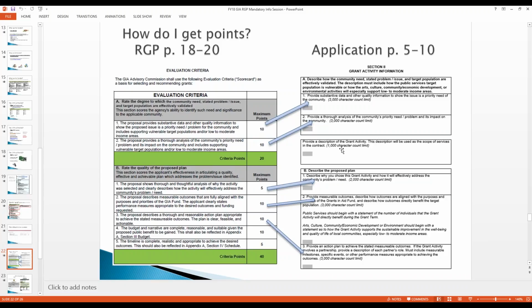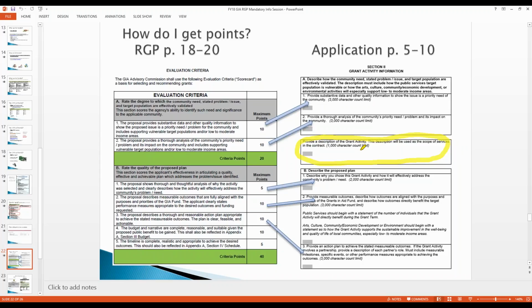You will also notice that this section here in the grant application does not have any scoring assigned, which is true. This question will not get scoring, but it is a mandatory section, because it asks you to provide the description of the grant activity.